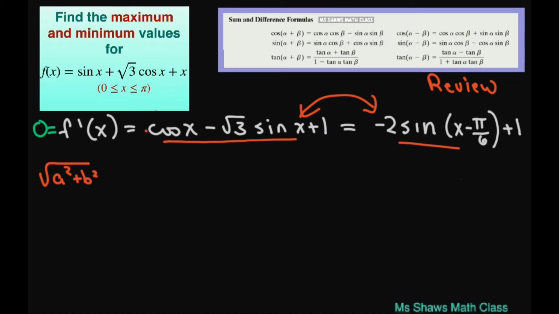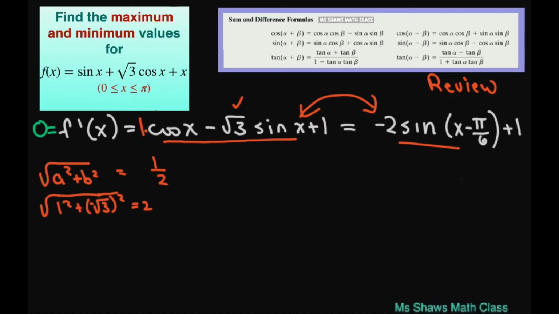So this would be your a, 1. Square root of 3 is your b, and we're going to move the 1 over. So I can write this as the square root of 1 squared plus negative square root of 3 squared. That's going to equal 2.